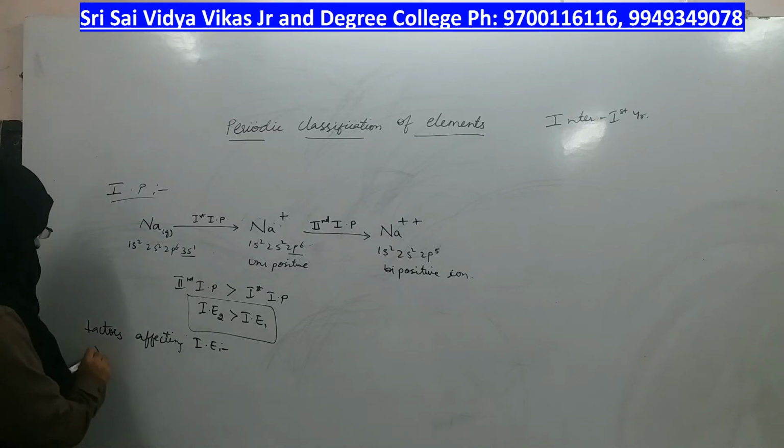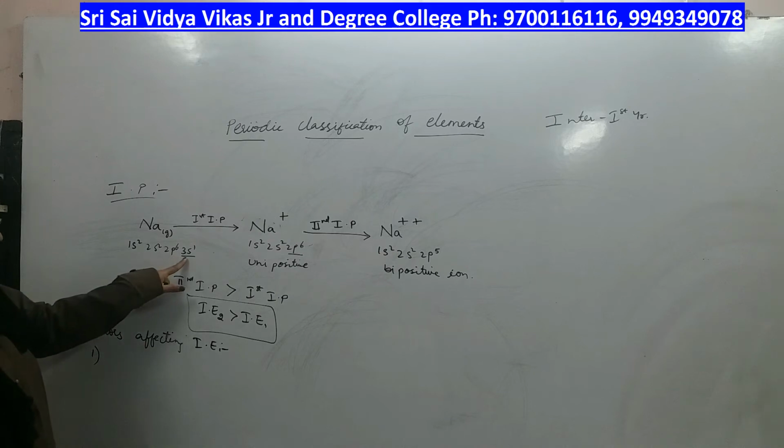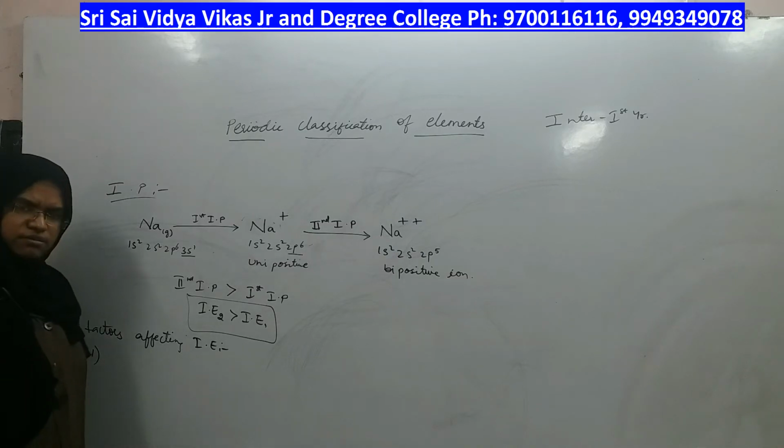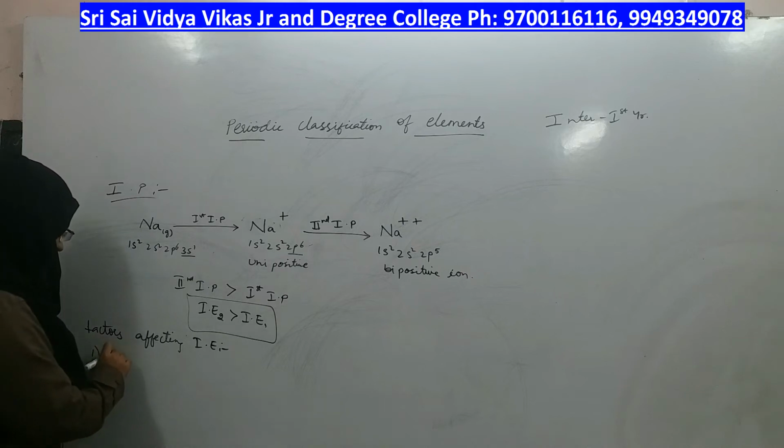The first factor which decides ionization potential is the shell. If the shell is going away, the atomic radius changes. If the shell is coming closer, the atomic radius of the atom is reduced, right. So, atomic radius.